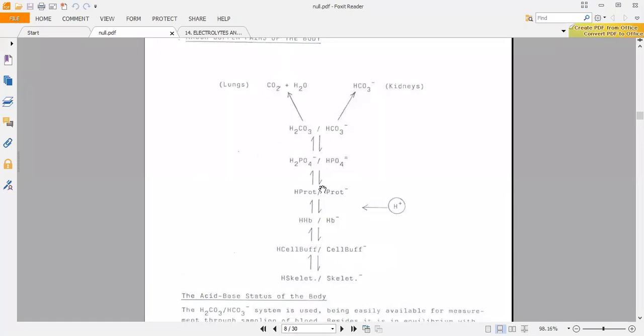The proteins in the body can also act as a buffer system, as well as hemoglobin itself. And then skeletal muscles can also act as a buffer system. Even cells themselves can act as a buffer system. So there are a lot of buffer systems in the body, and they are all in equilibrium.